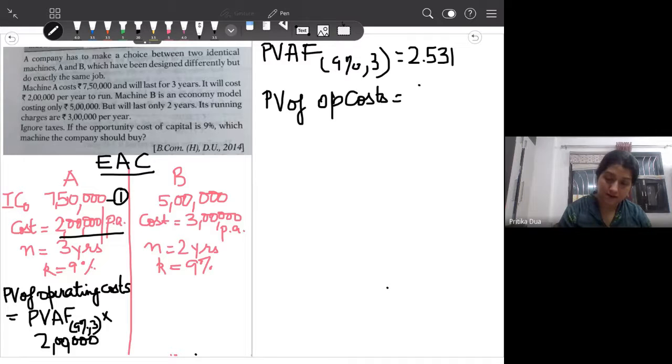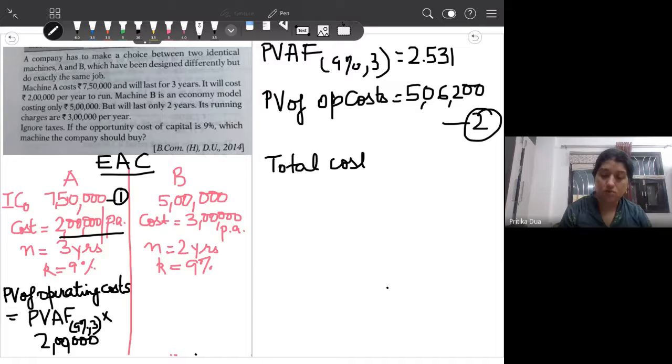So 5,06,200 is the present value of operating cost. So total cost for project A comes to 5,06,200 plus 7,50,000, which gives you 12,56,200. And then you can calculate the equivalent annual cost.